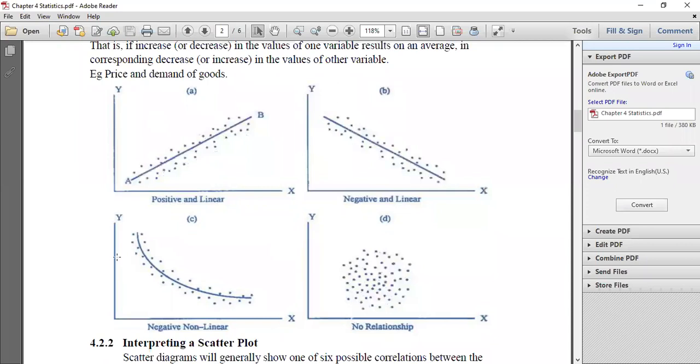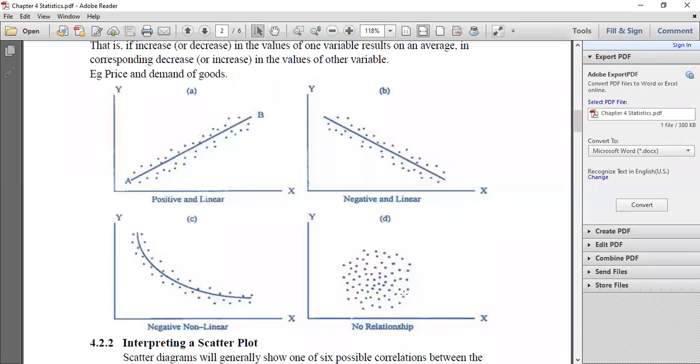Then we have this other instance here, C. We are saying, again, as the value of x increases, the value of y decreases. But once you try to draw a line here, you find that this line is non-linear. It's not a straight line. Then we have the last instance here where we say there is no relationship.